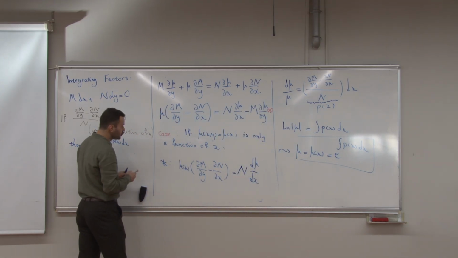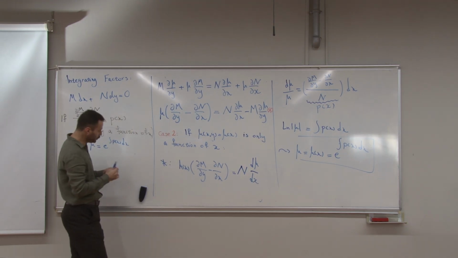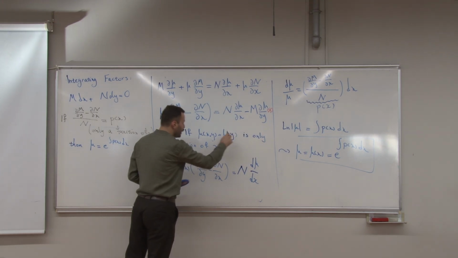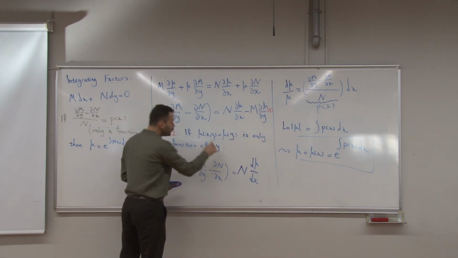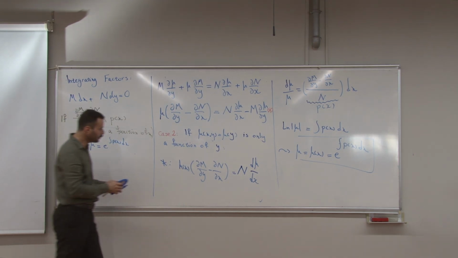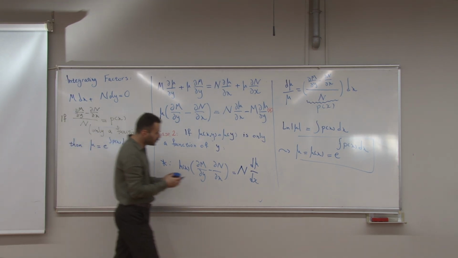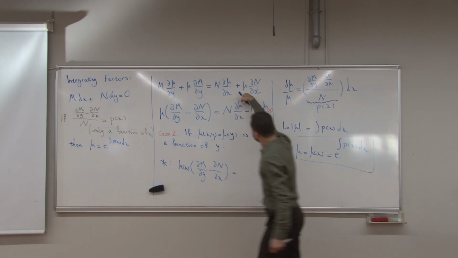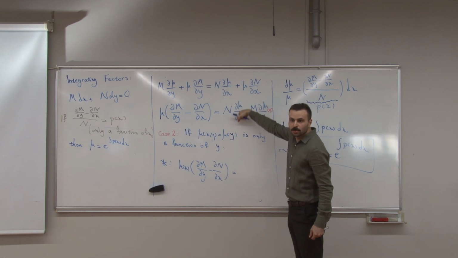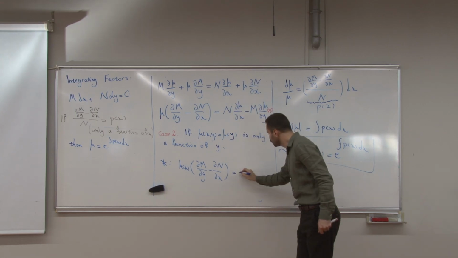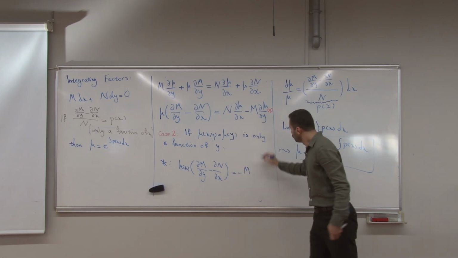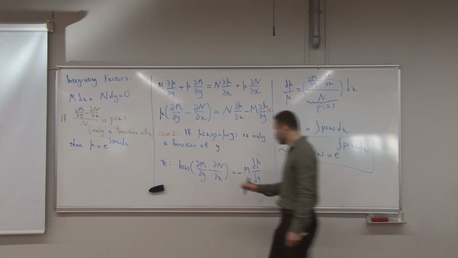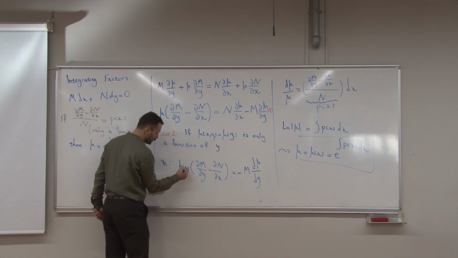My case 2 is going to be this. If mu is going to be only a function of y, then what happens? Then you can again write these things, but this time, since there is no y in mu, this is going to be equal to 0. So this is going to be minus M d mu over dy. And also I need to write this as a function of y.